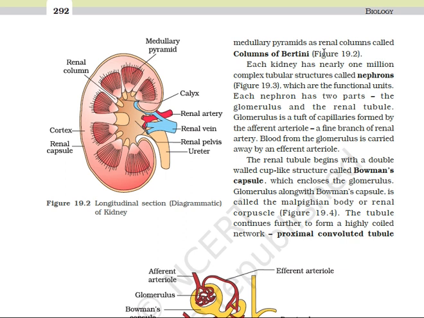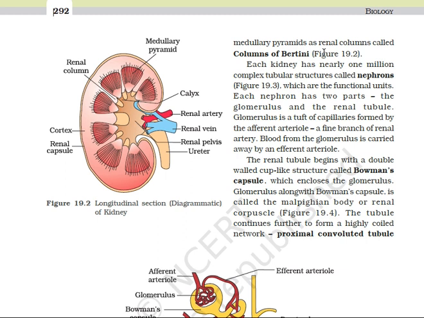A ureter is a thin, slender, narrow muscular tube. In humans, there are a pair of ureters, and each is about 28 centimeters long. Ureters emerge from the hilum of the kidney.